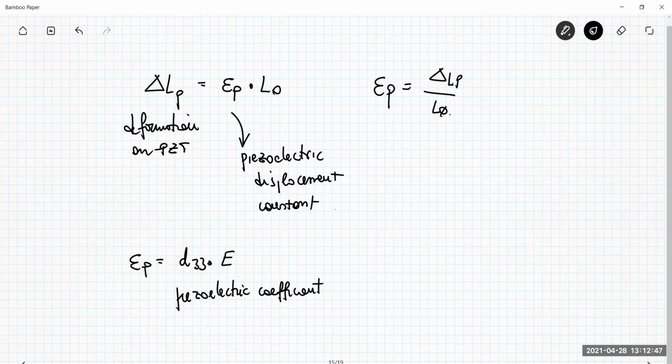What about the terms? The subscript 3,3 means that the first index is the direction of the electric field applied to the crystal, so this is the direction of E, while the second subscript is the direction of the displacement, of the elongation.